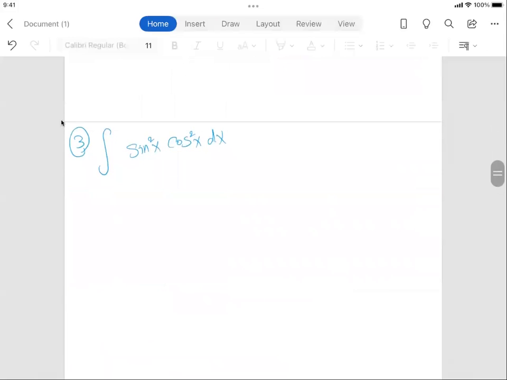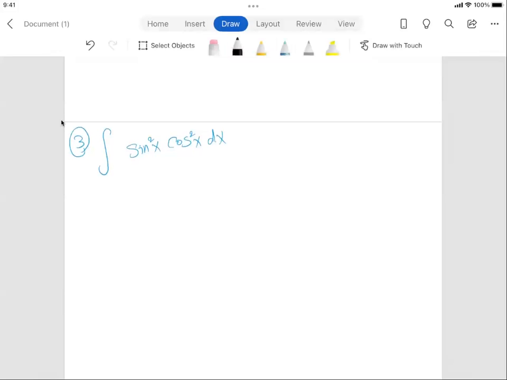Okay, our third problem, sine square of x cosine square of x dx. So as you can see, both are even power. So we need a slightly different technique in here.